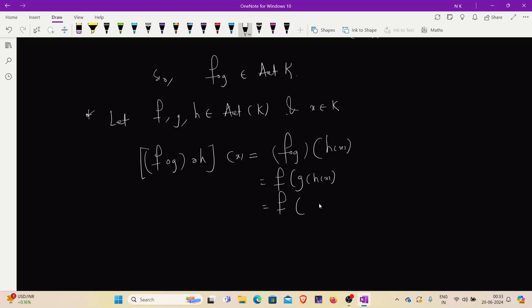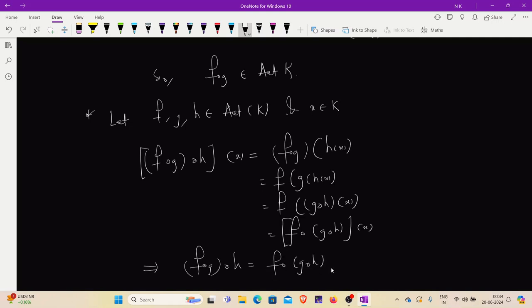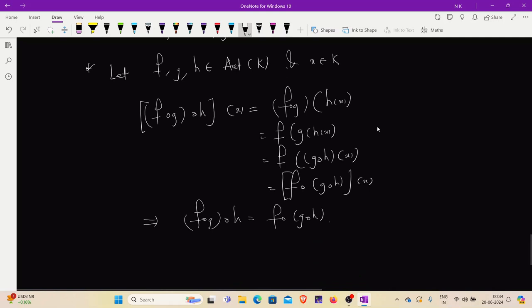But f of g of h of x means f∘(g∘h) of x, and this is equal to f∘(g∘h) of x, and it's true for any x belonging to K. So this clearly implies that (f∘g)∘h is the same as f∘(g∘h), right? So clearly elements of Aut(K) satisfy associativity.